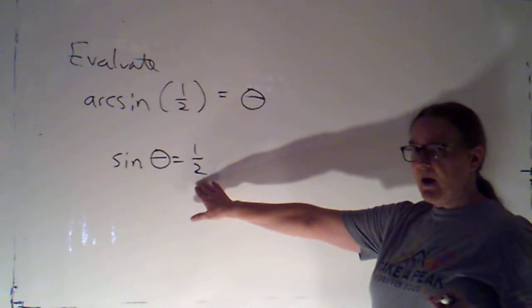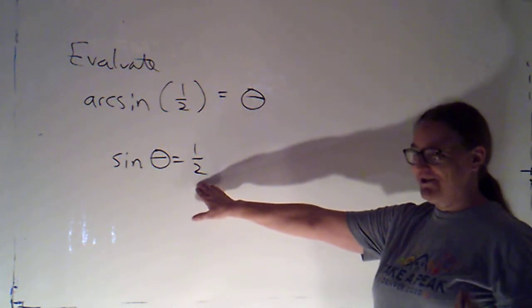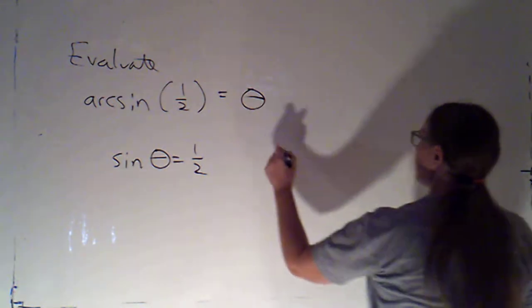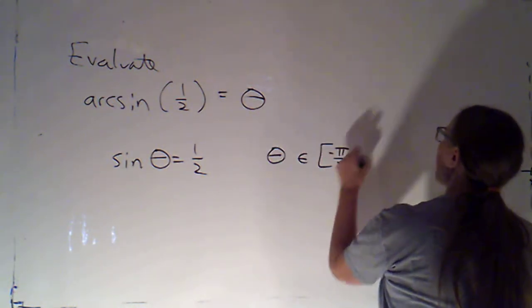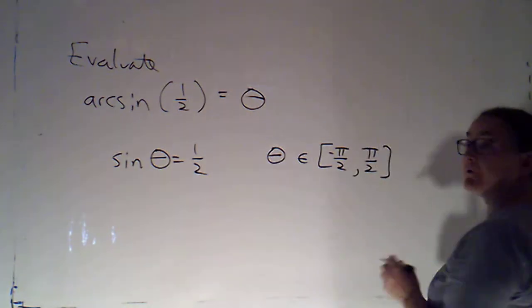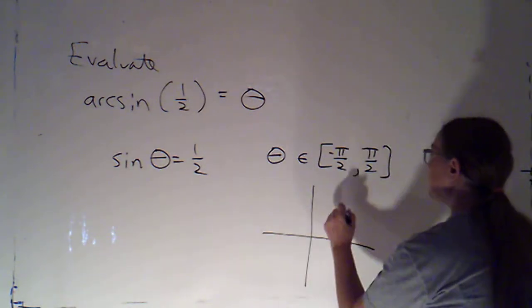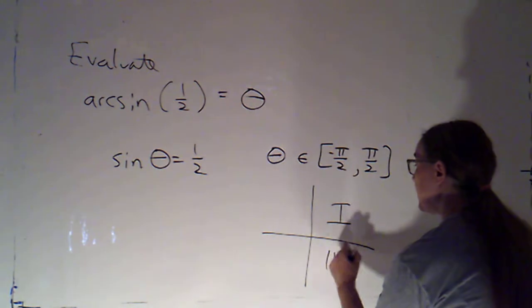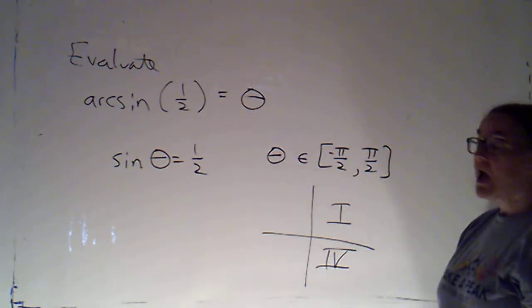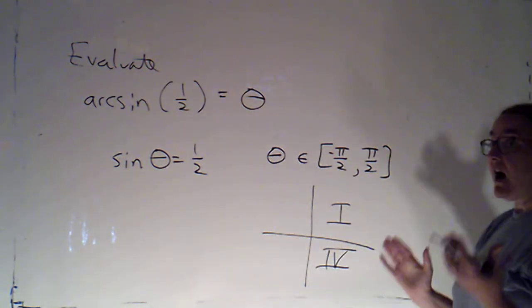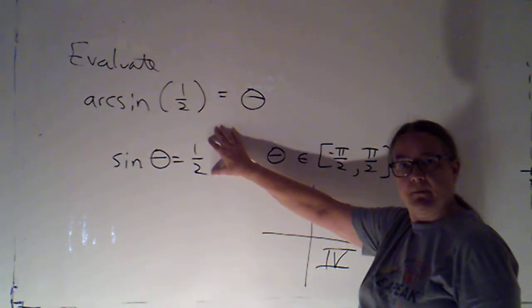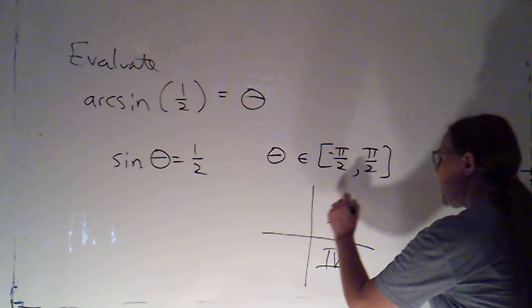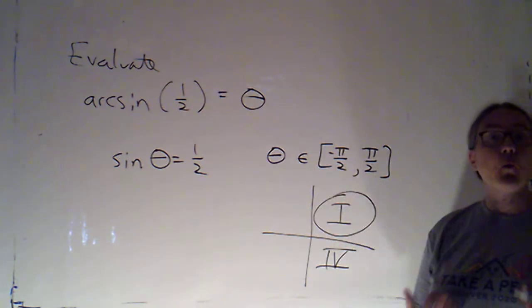Now that equation by itself would have infinitely many solutions. But I also know that theta has to be in the interval from -π/2 to π/2. Now that's going to be in either quadrant 1 or 4. So I'm going to take a look at this and I'm going to say that's a positive number. Sine would be positive if I'm in quadrant 1.